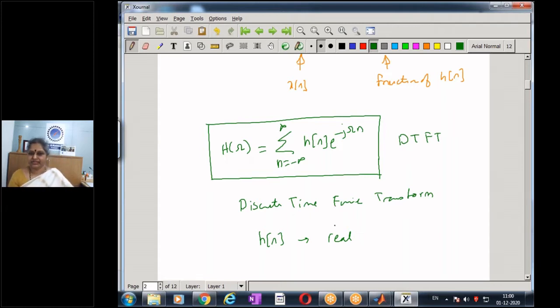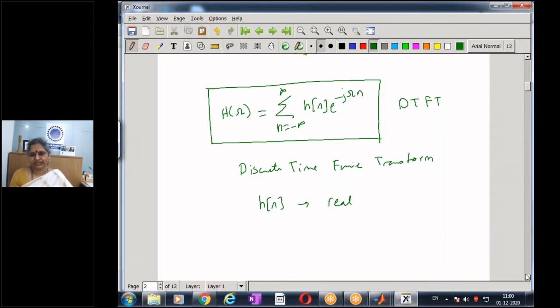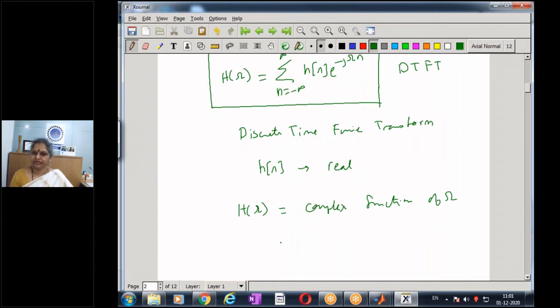And once h of n is real, since I am doing the summation, depending on the actual values of h of n, I am going to get a different H of omega. This H of omega we can recognize as a complex function of omega. And because it is complex, to plot any complex function, I cannot plot it in a single plot.